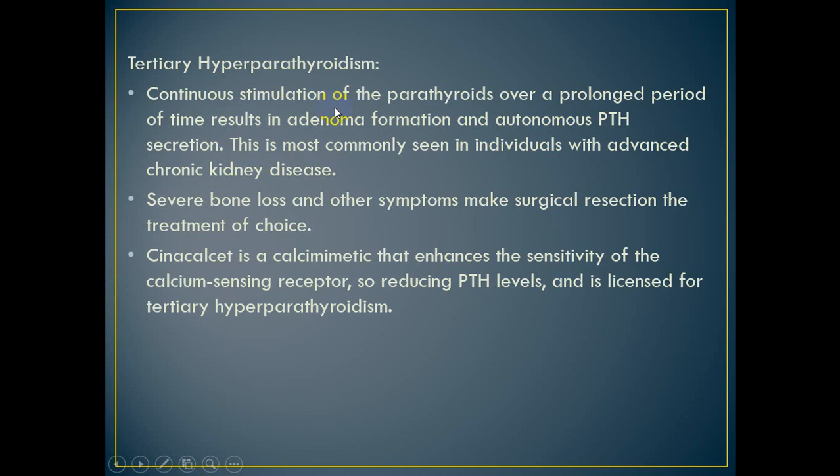So the majority will be indicated for surgical resection of the parathyroid glands. A new treatment called cinacalcet is a calcimimetic drug that enhances the sensitivity of the calcium sensing receptor in the parathyroid gland, so it decreases parathyroid hormone secretion, and it is licensed for use in tertiary hyperparathyroidism.